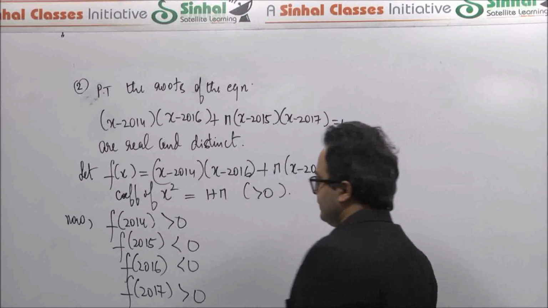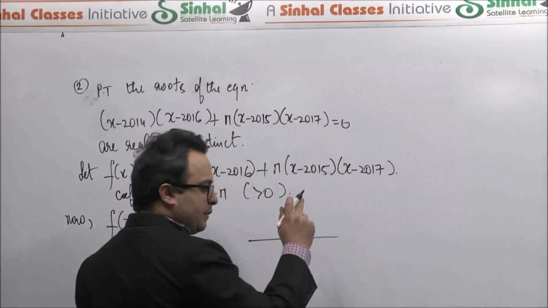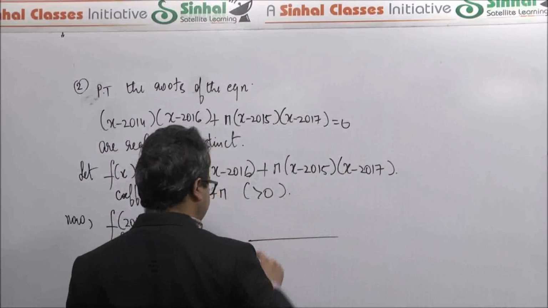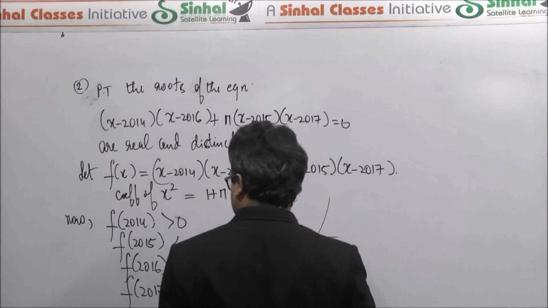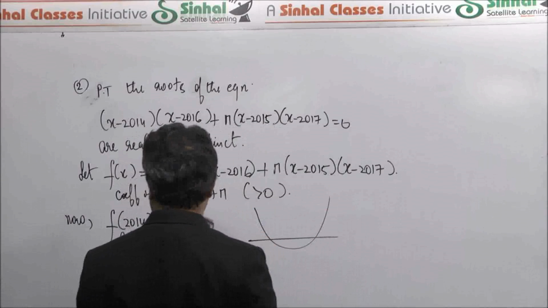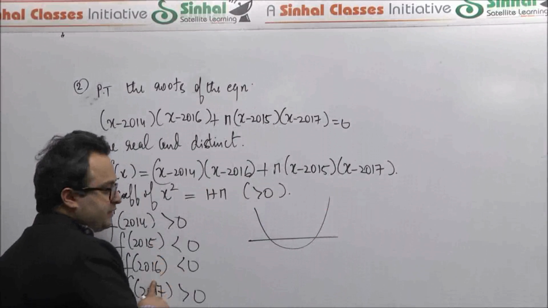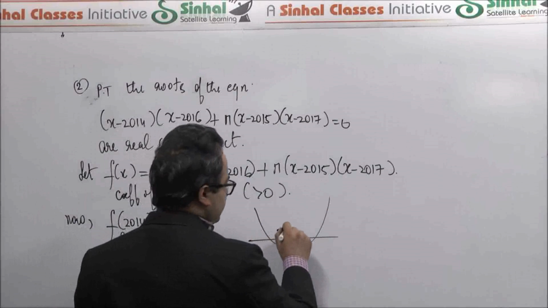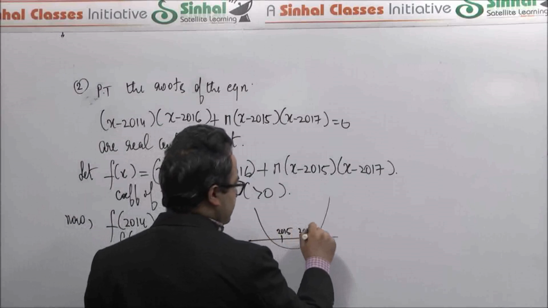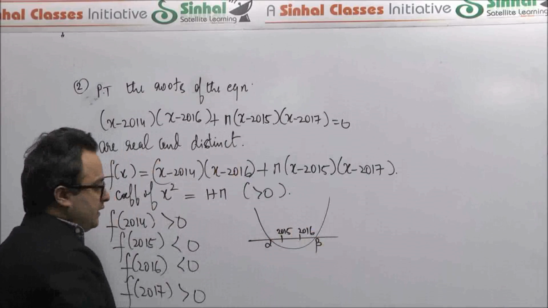But now if you think about it, what must be happening? The graph of this function is a parabola opening up, there's no doubt about that. Right? At 2014, the function value is positive, and at 2015 and 2016, the function value is negative. But if that is the case, then 2015 and 2016 must necessarily be between the roots. There is no other way.